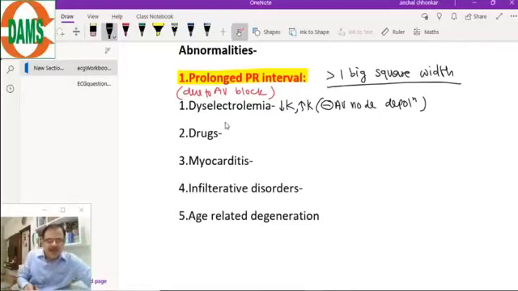Now come to the drugs. Drugs are very easy. They inhibit AV node. Beta blockers, calcium channel blockers, obviously non-DHP.